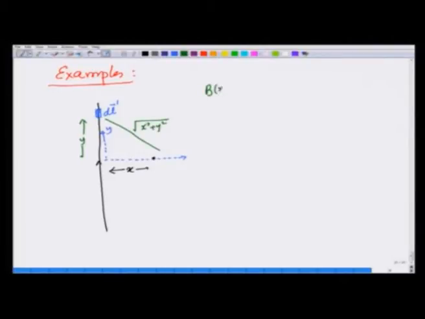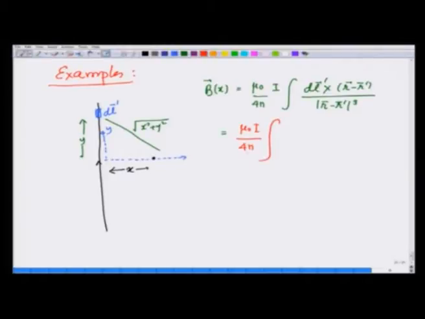So, B at x vector is going to be mu 0 over 4 pi, I is outside, dl prime cross r minus r prime over r minus r prime cubed, which I can write as mu 0 I over 4 pi integral, dl prime is nothing but dy in the y direction, cross r, which is nothing but at distance x in the x direction minus y prime in the y direction, divided by x square plus y square raised to 3 by 2.